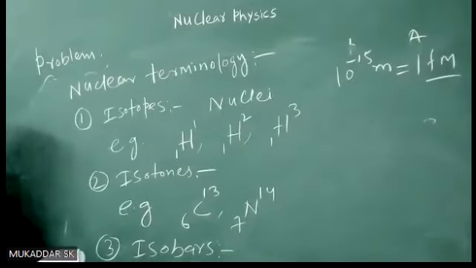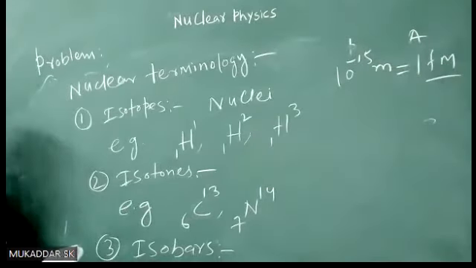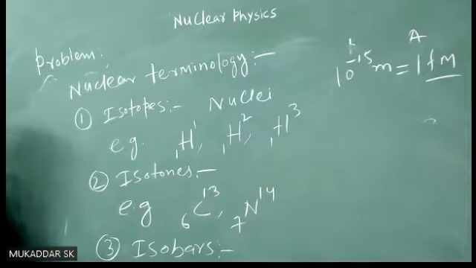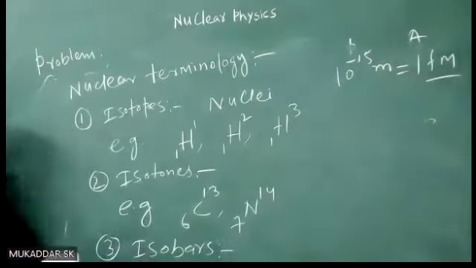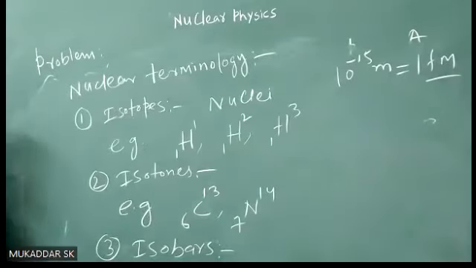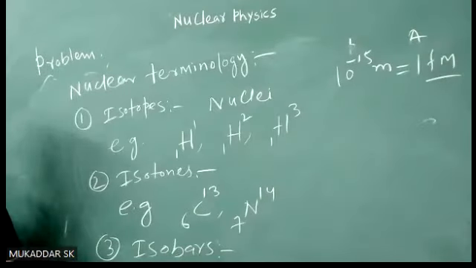Nuclei with same mass number but different atomic number are called isobars. The different what? Atomic number. Different atomic number. So nuclei with same mass number but different atomic number are called isobars.